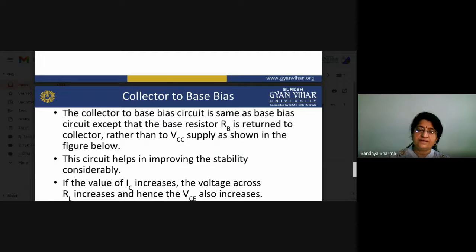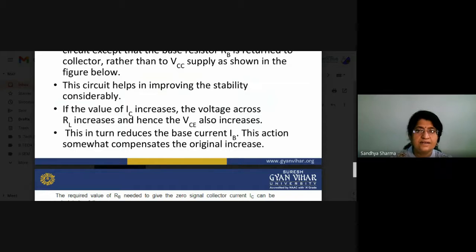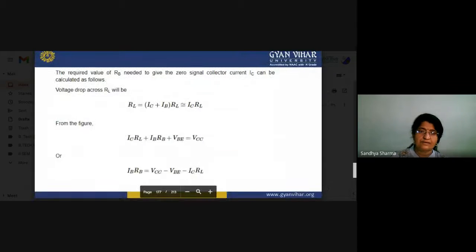In this way, this circuit helps in improving stability. If the value of IC increases, the voltage across RL increases and hence VCE also decreases. That in turn reduces the base current IB, and this action compensates the original increase. That is basically why we are using the stability factor.